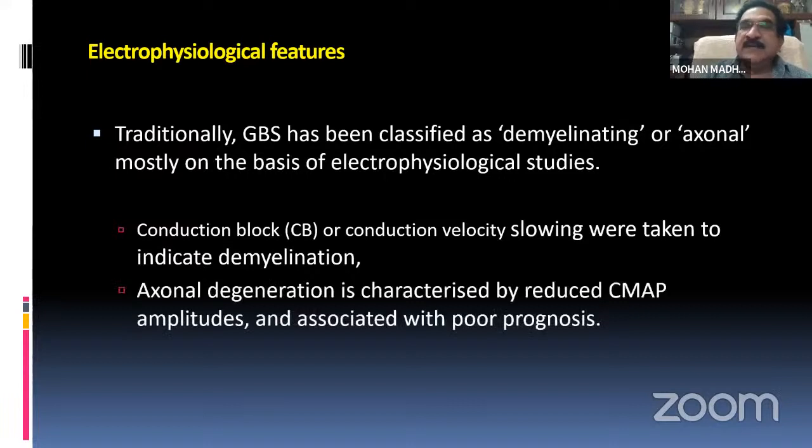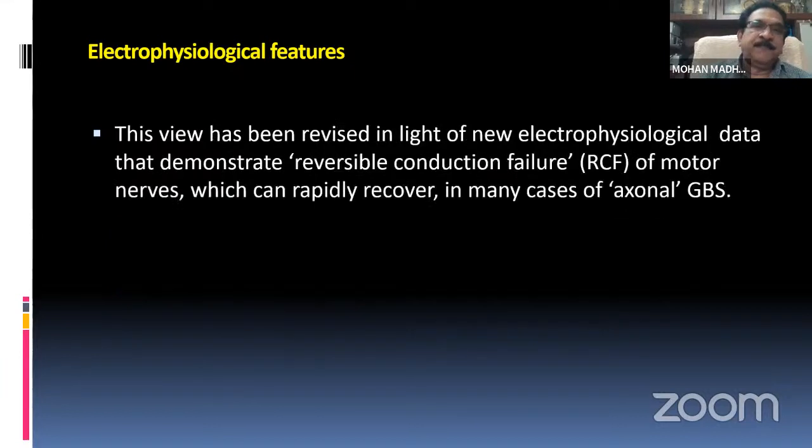And axonal degeneration is characterized by reduced CMAP amplitude with associated poor prognosis, which we all know about. Now, this view has been revised in the light of new electrophysiological data that demonstrate reversible conduction failure of motor nerves, which can rapidly recover in many cases of axonal GBS.